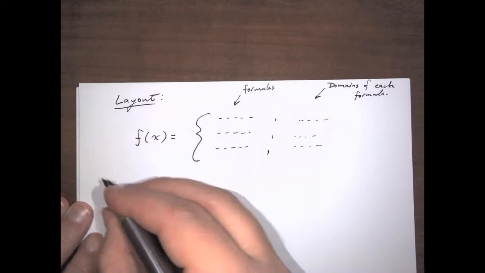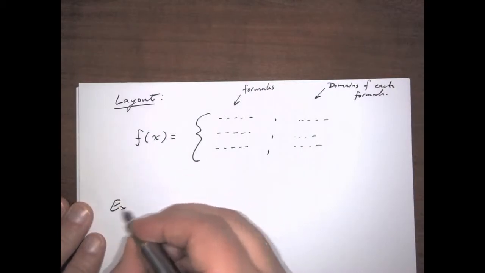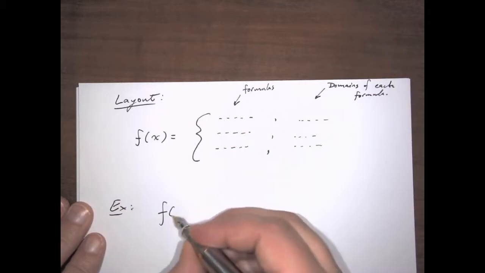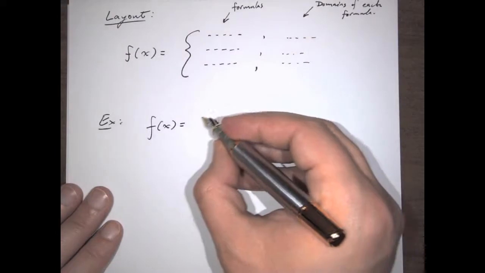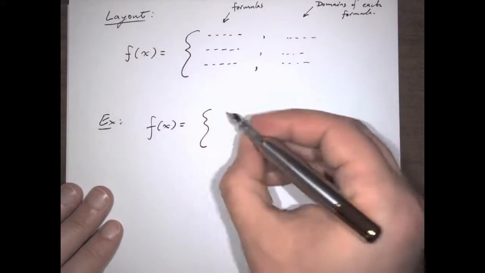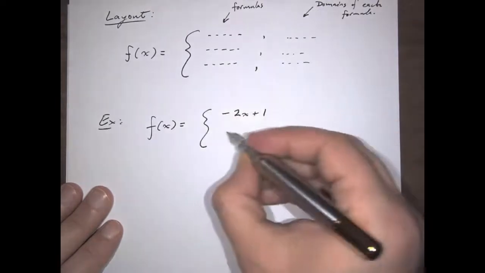All right, an example of something like this would be f of x is equal to negative 2x plus 1 on one side and x squared on the other.